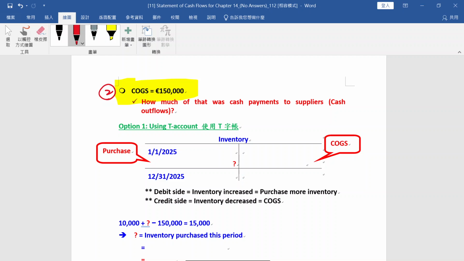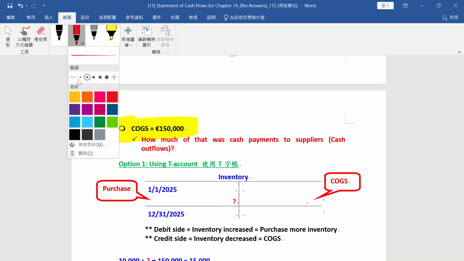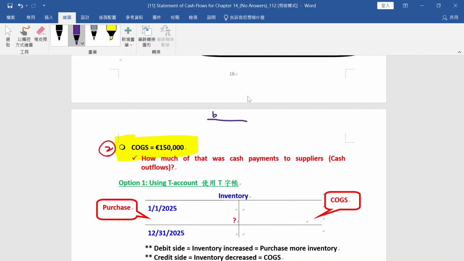So whose cost of goods sold, friends? Remember, whose cost of goods sold? In case you forgot, when you buy inventory on credit, on account, what's a debit?